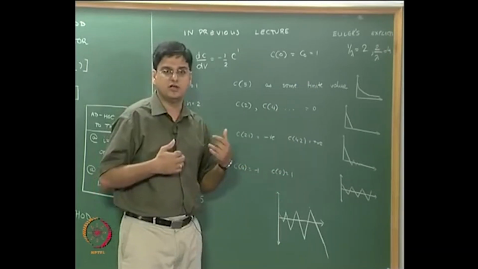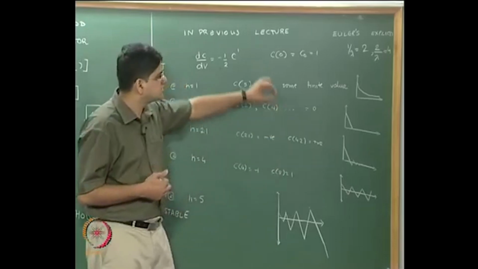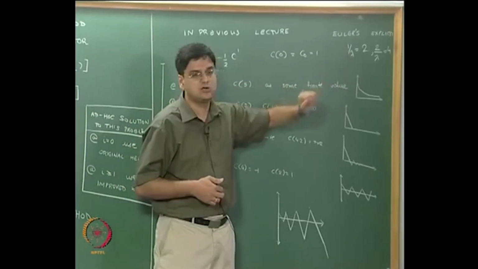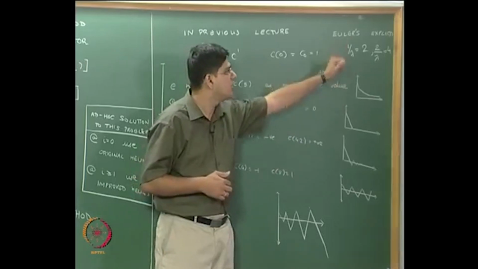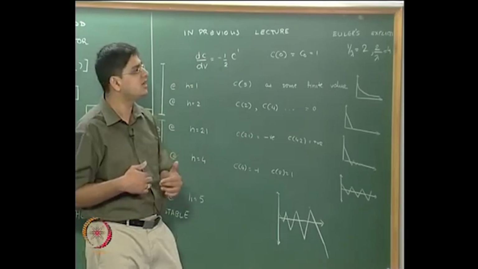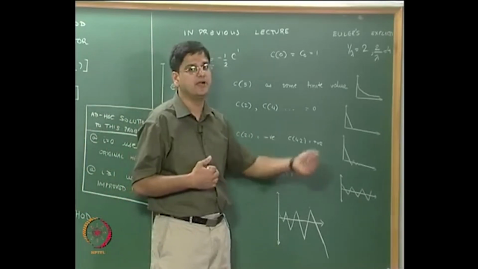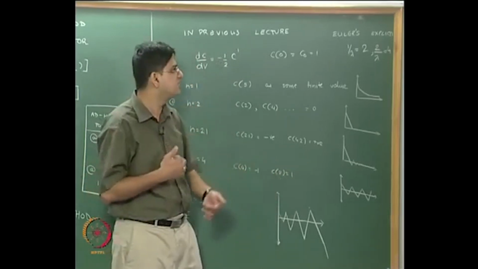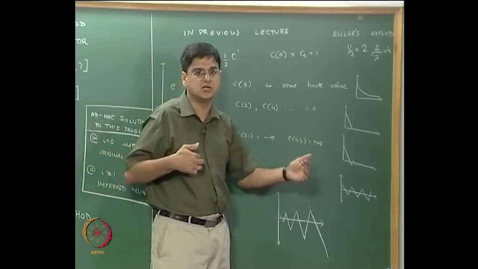In case of RK2 method, the stability envelope for explicit RK2 methods is similar to that we see for the Euler's method. When we go to RK3 method, the stability envelope is much larger compared to the Euler's explicit method. In RK4 method, the stability envelope is still larger. Okay.